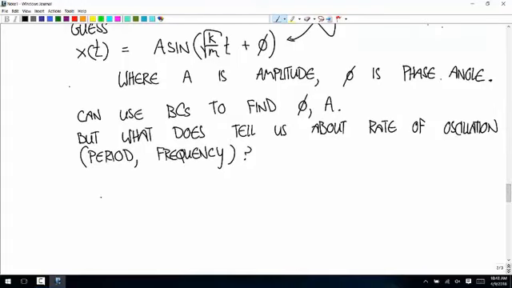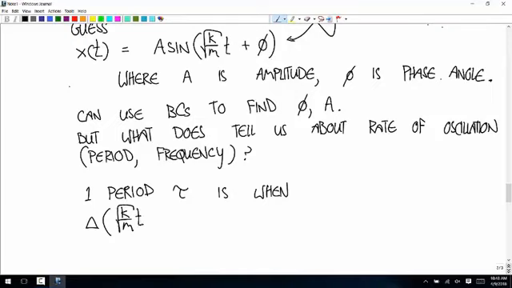Well, we know one period, and that's represented by the Greek tau, is when the change in square root of k over m t plus phi is equal to 2 pi. Okay, we don't care what it starts at. We just care that it starts to repeat itself, and we know that with a sine function that happens at 2 pi.